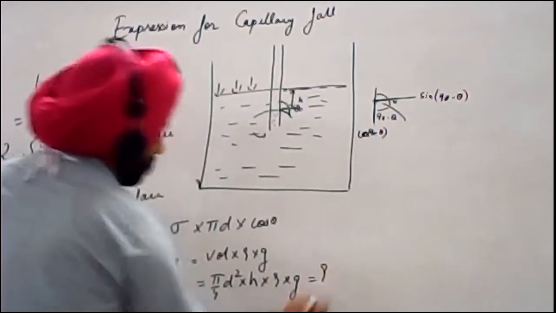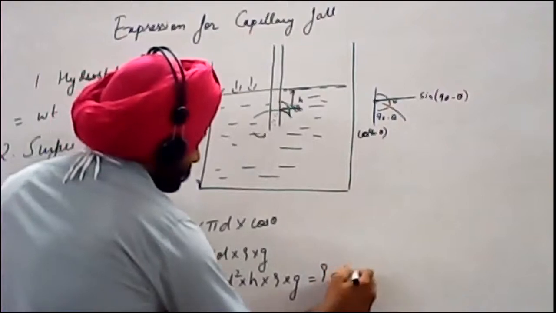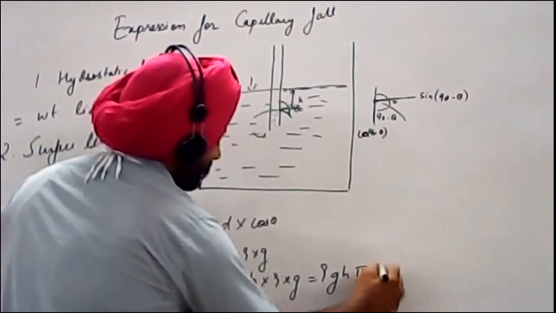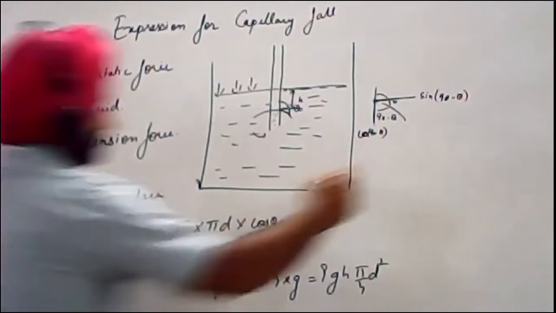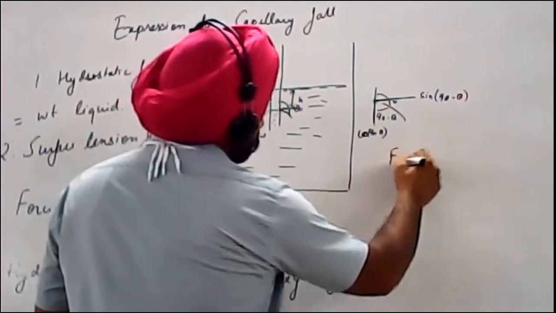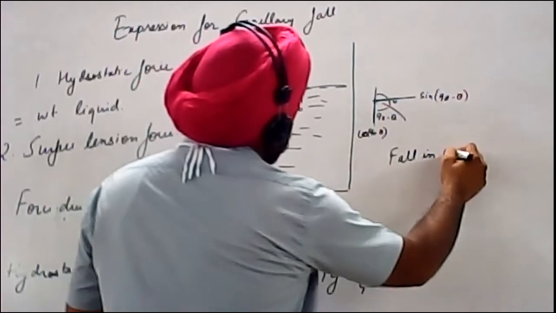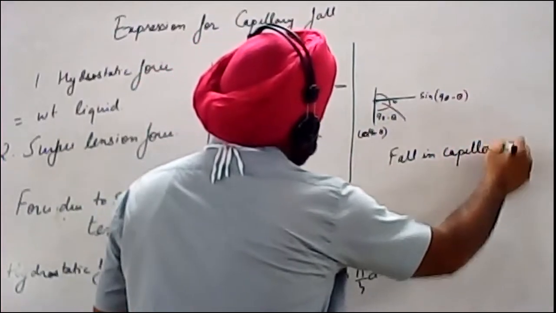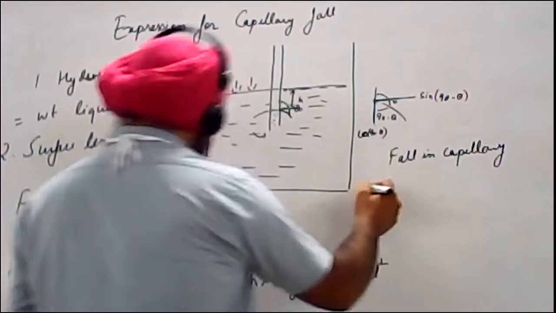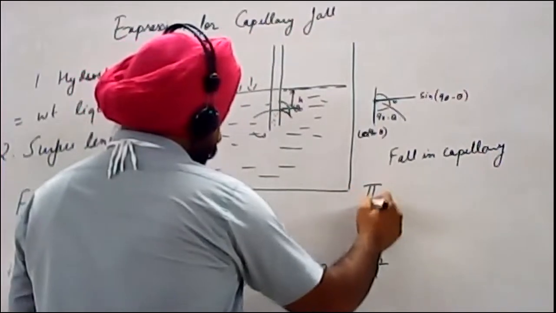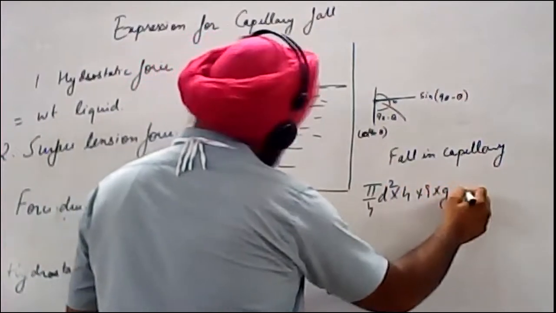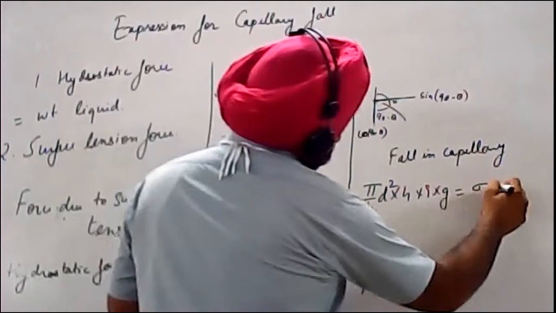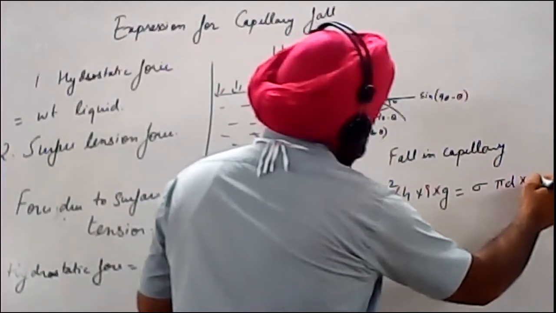This becomes rho g h pi by 4 d square. Then the fall in capillary: you compare these two values, pi by 4 d square into h into rho into g should be equal to sigma pi d into cos of theta.